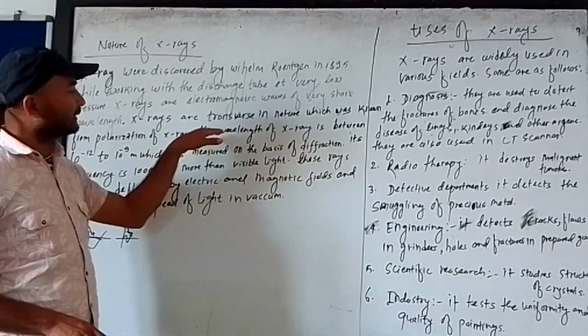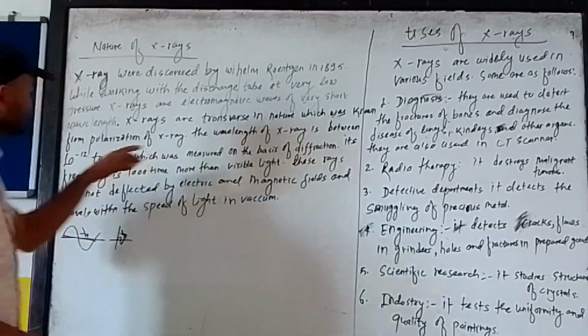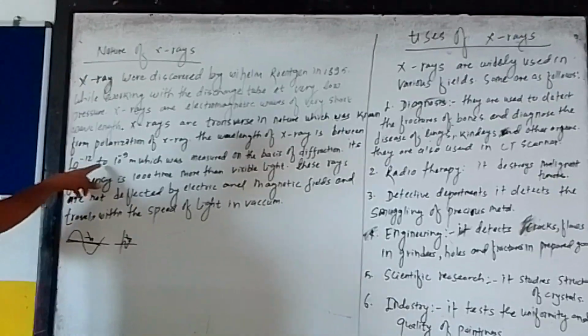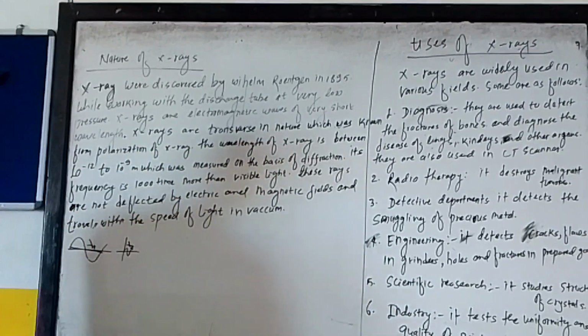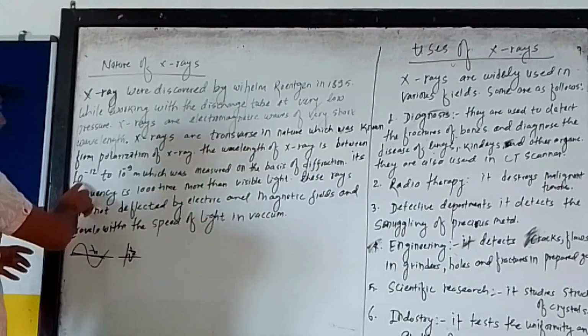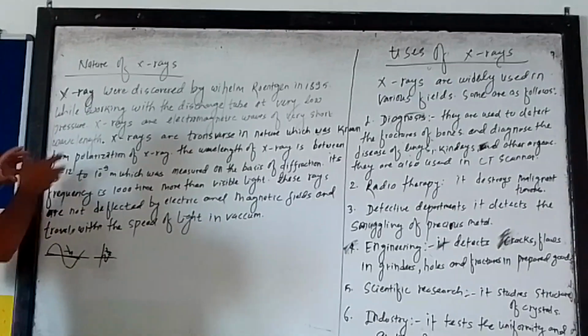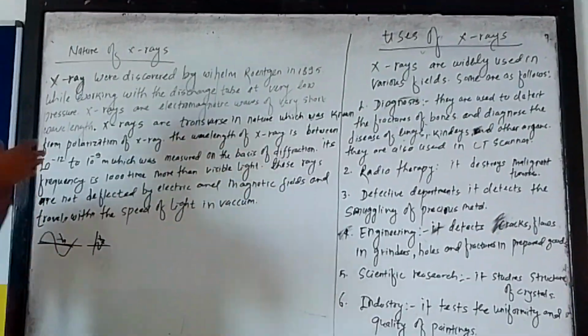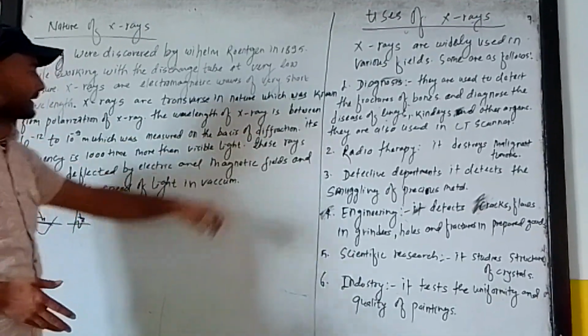Another nature of X-ray is that the wavelength of X-ray is in between 10 power minus 12 to 10 power minus 9 meter, which was measured on the basis of diffraction. It was found from the diffraction.